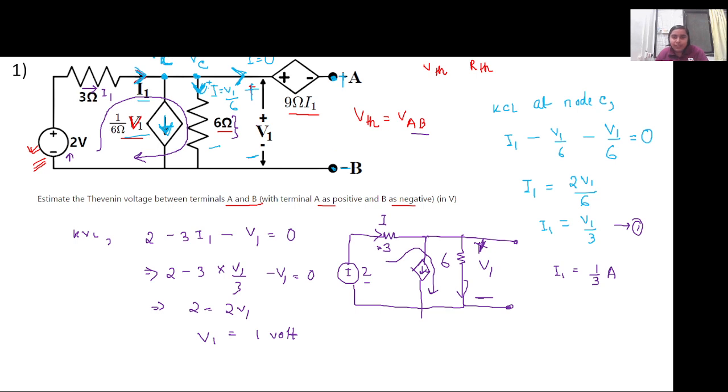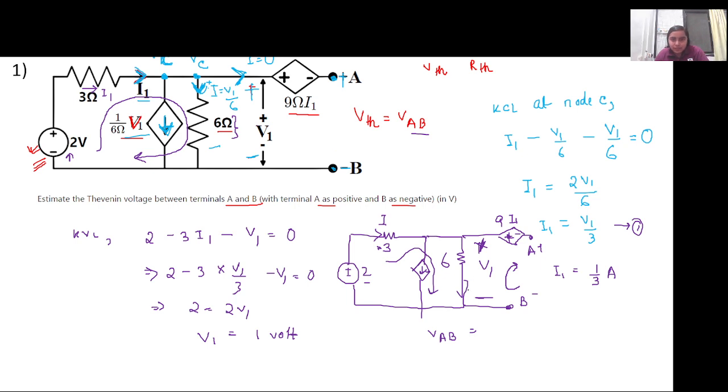So what will be VAB? Let me read out the circuit here itself. This is plus minus 9I1, and this is A positive side and B negative side. So to calculate VAB, we start traveling from this side.